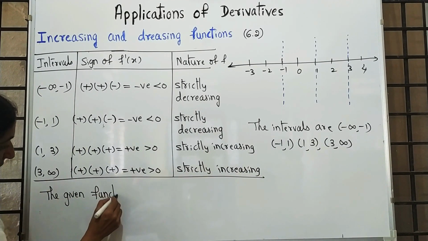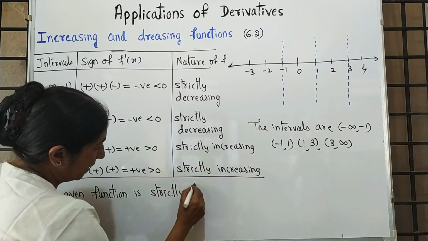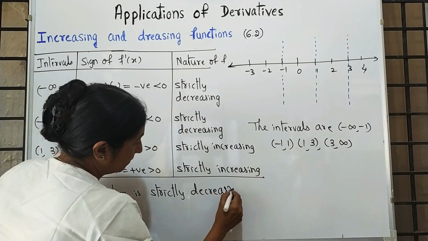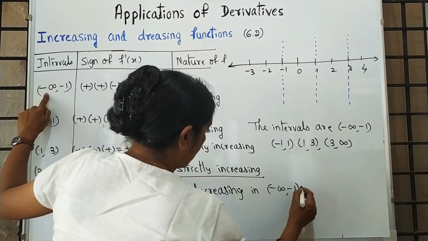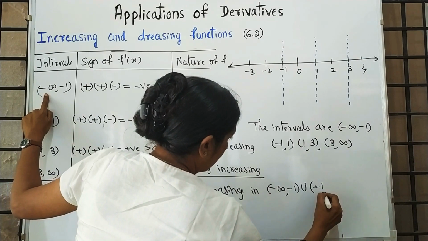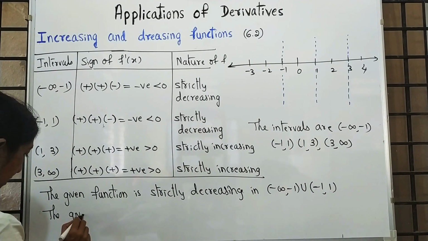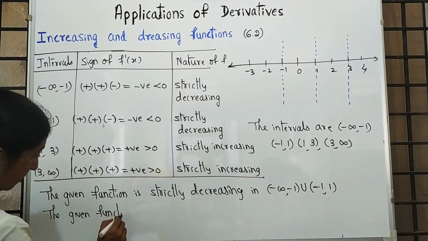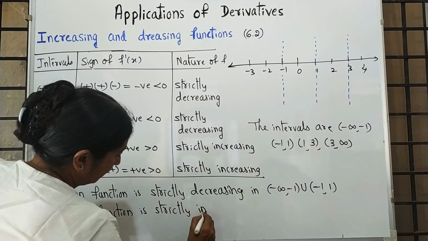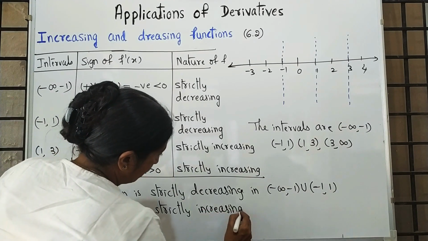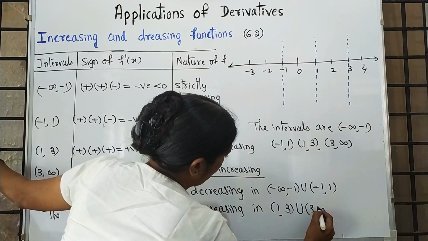The given function is strictly decreasing in the first interval, minus infinity to minus 1 union minus 1 to 1, and the given function is strictly increasing in 1 to 3 union 3 to infinity.